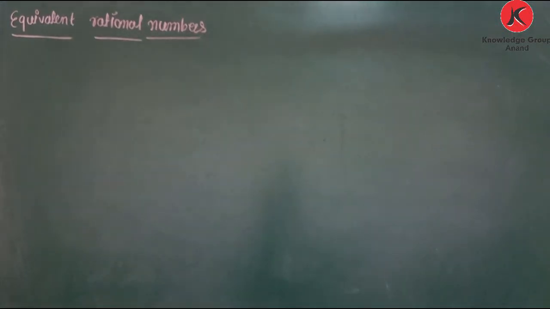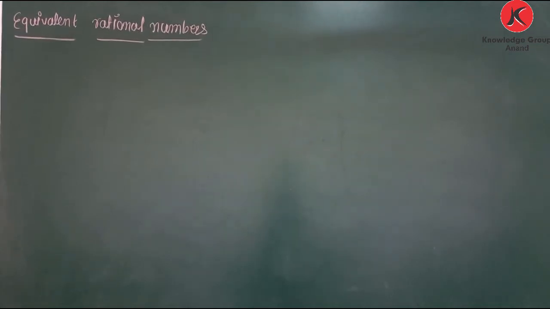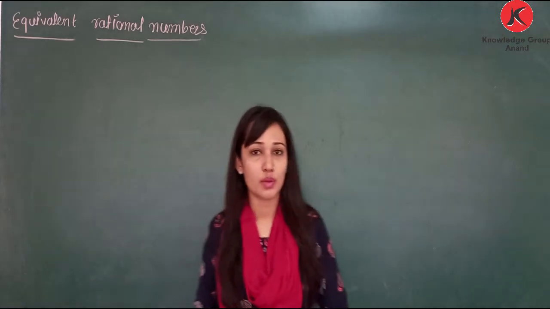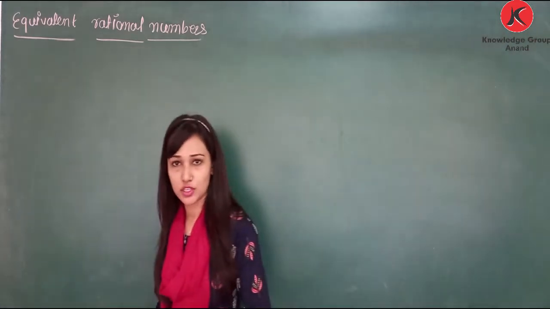So a rational number we can consider as a fraction, but it can include negative and positive numbers in the numerator and denominator. So this is what a rational number is. Now as we perform operations on fractions, we learn about addition, subtraction, multiplication, division of fractions.